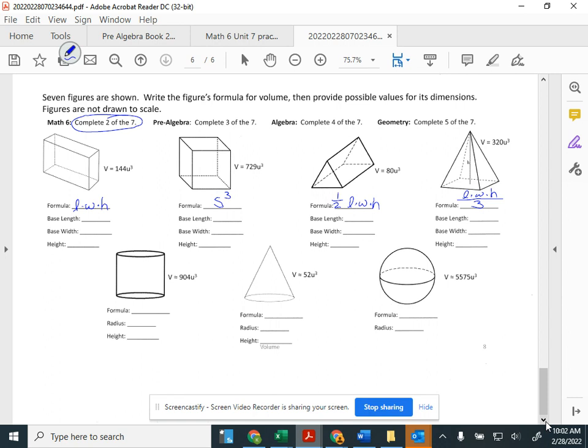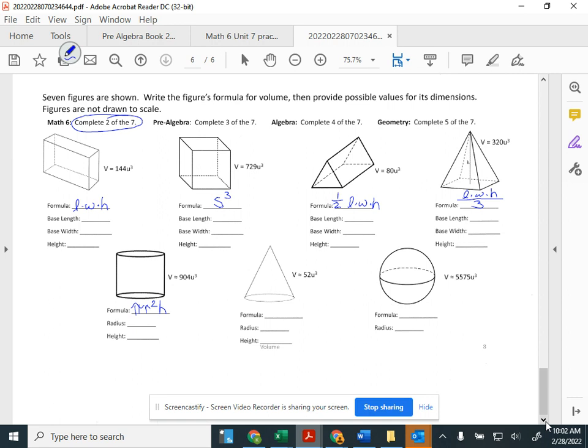For a cylinder, we have pi r squared times the height, because a circle's area is pi r squared. For the cylinder, we multiply the height with it.